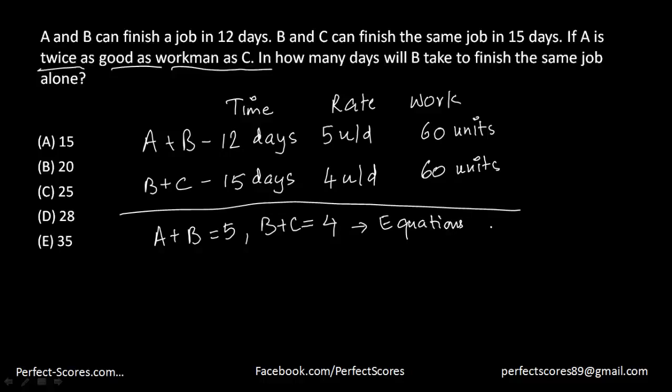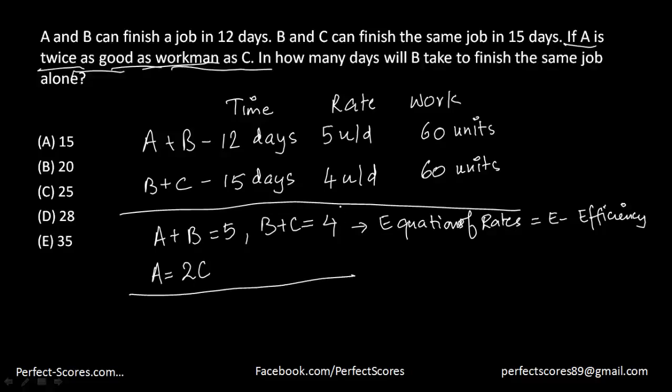The equations of rates are equivalent to the equations of efficiencies, because efficiency is directly proportional to rates. I think we established that in the very beginning of this video. So this would be the ratio of efficiency as well. And there is one more thing this question is saying, that A is twice as good a workman as C. So this is what is given in the question.